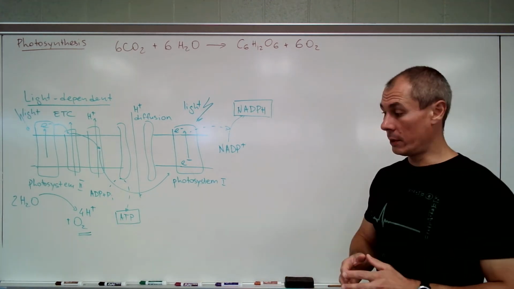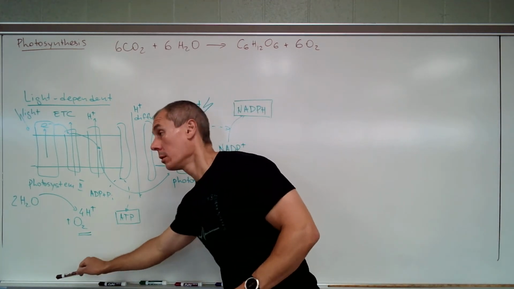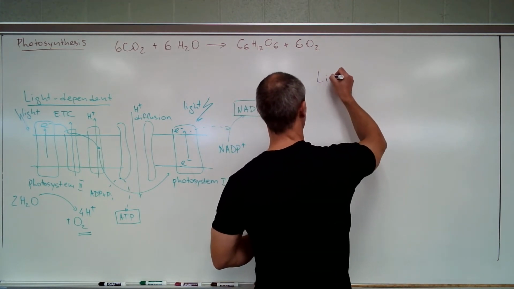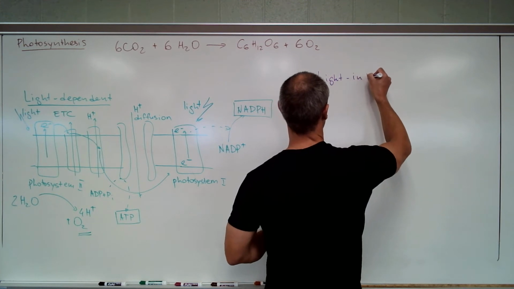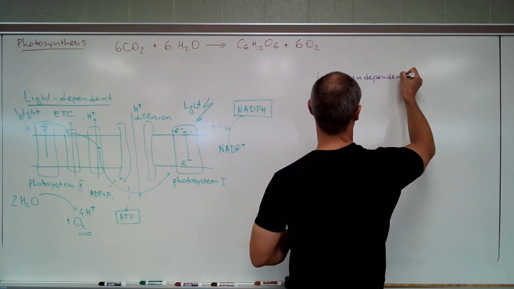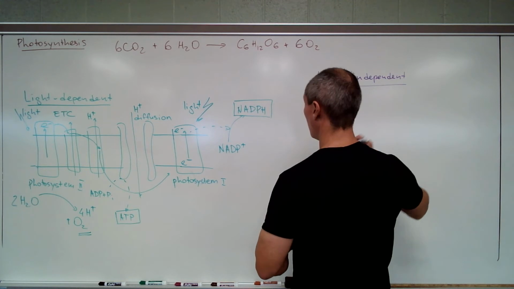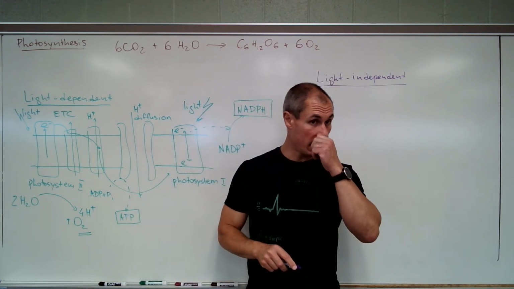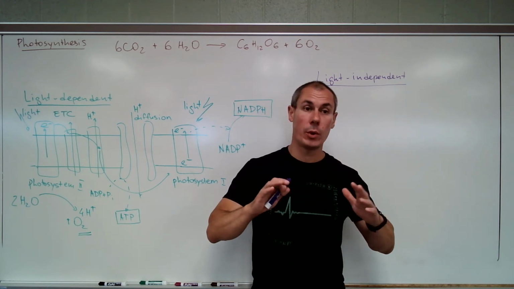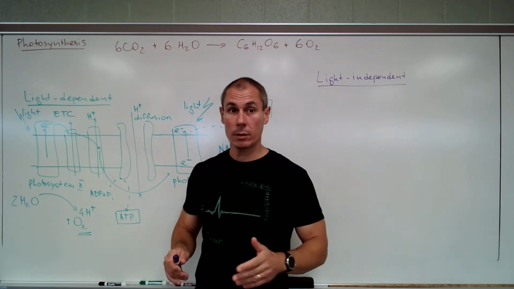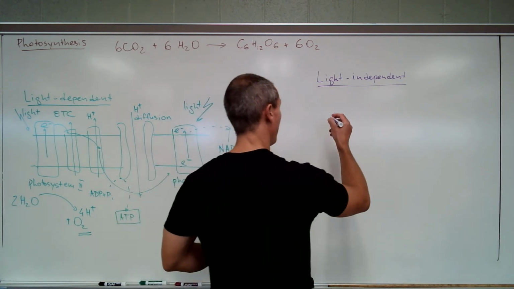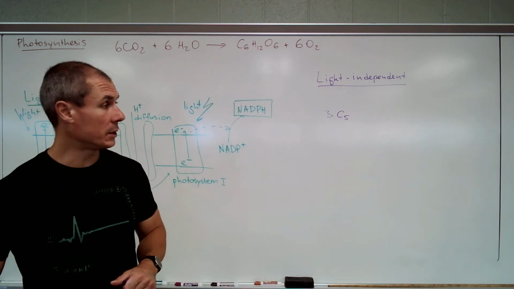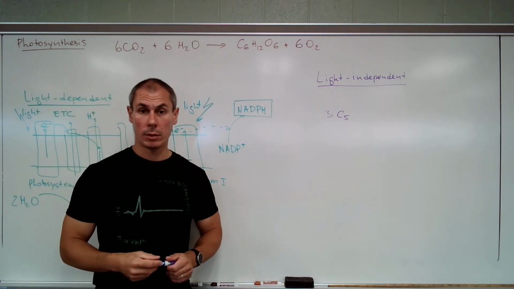Now, what happens during light-independent reactions? In one sentence or in one phrase, a lot of biochemistry. But my focus, we always follow carbons. So it all starts with 3 5-carbon intermediates called ribulose biphosphate.